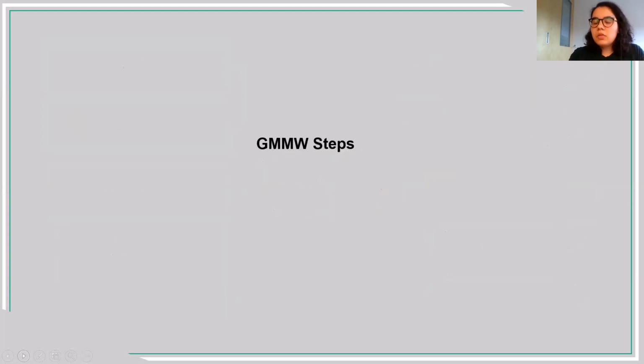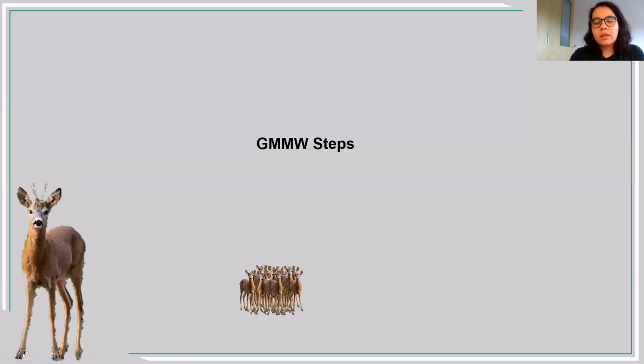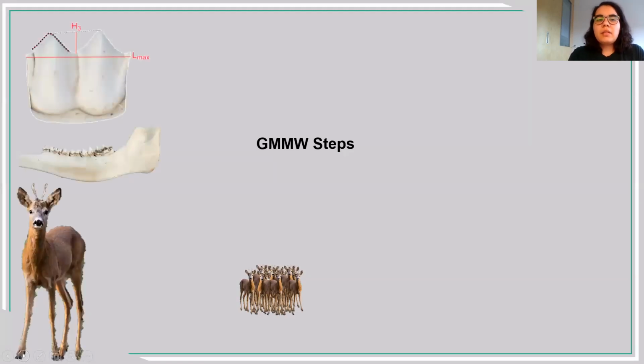Now, the steps we use are quite simple. We have a group of animals, species. We take the individual and we take their dental material. We use free software like the TPS series to digitize the cusp shape and also take the measurements for the occlusal relief.